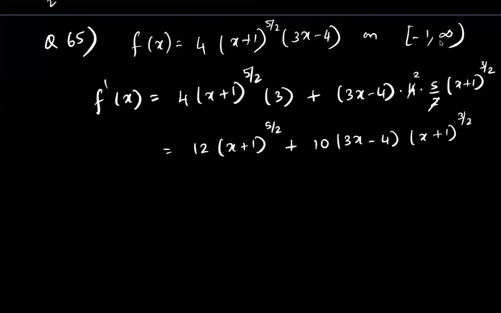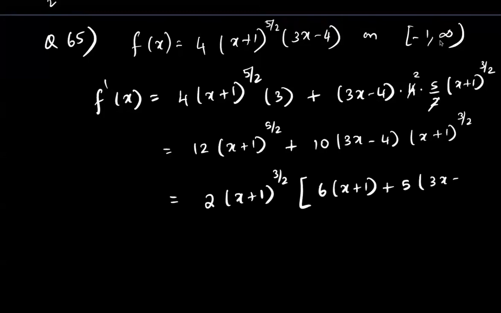Okay. So I'm going to combine this into one thing. What I'm going to do is take 2 times (x+1)^(3/2) as the common factor, which gives me 6 times (x+1) plus 5 times (3x−4).